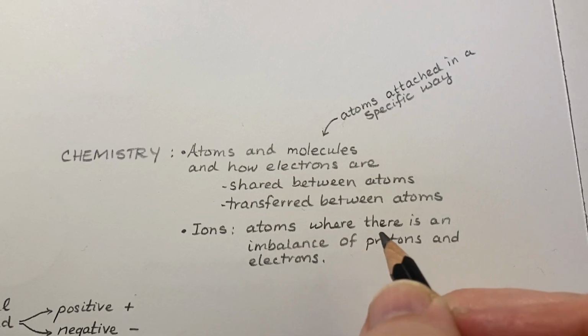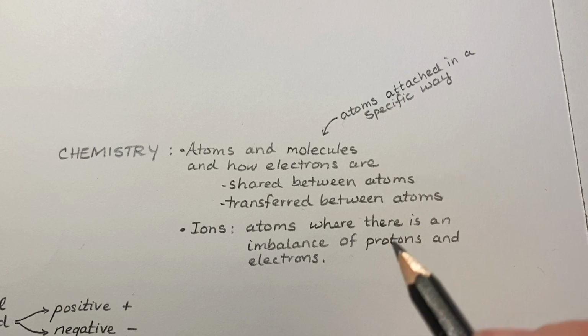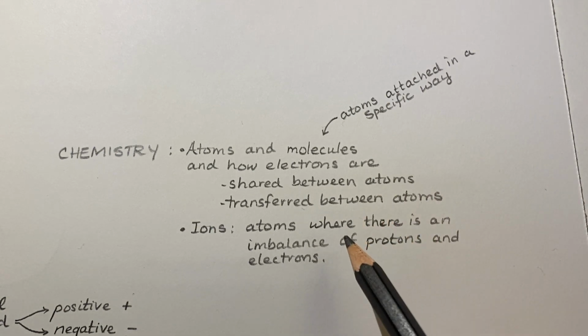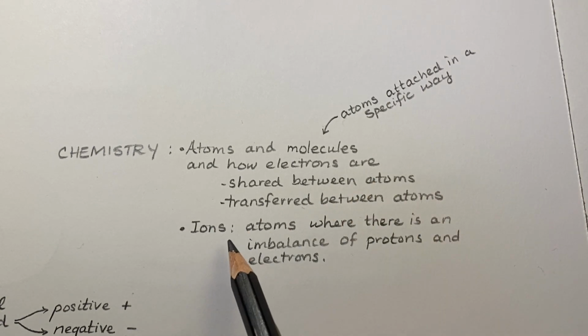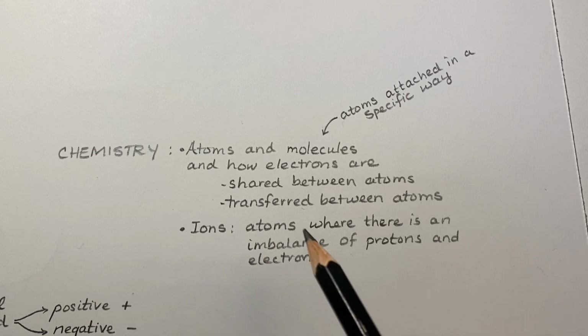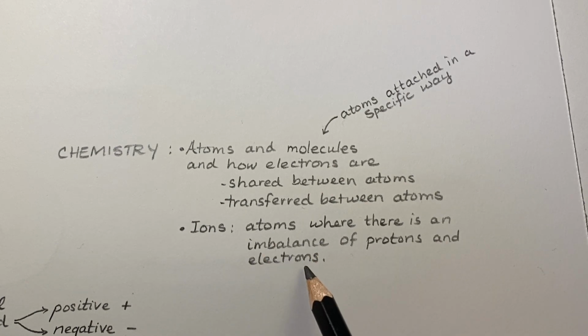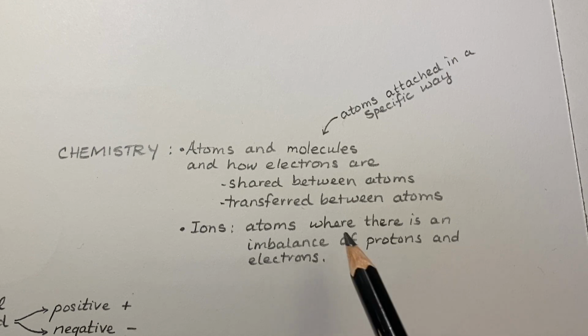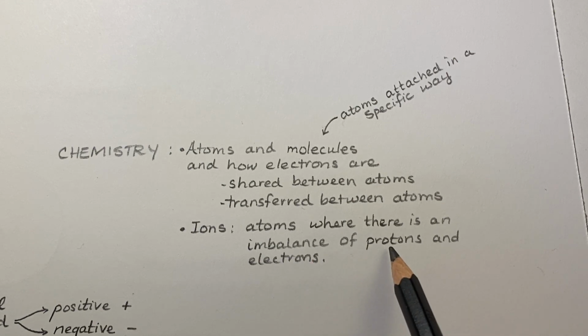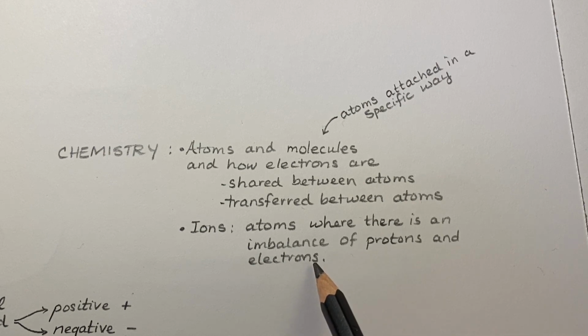So if you add an electron or remove an electron from an atom, then there will be this imbalance between protons and electrons.